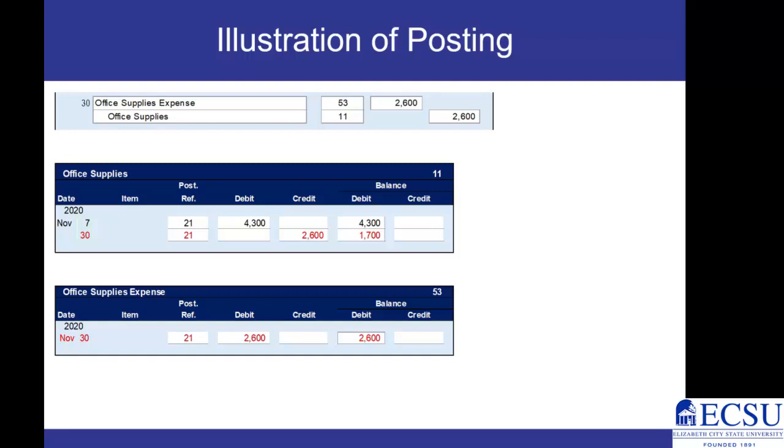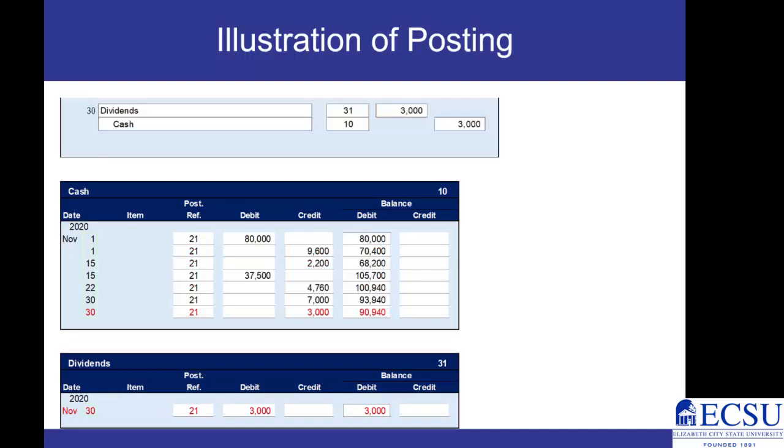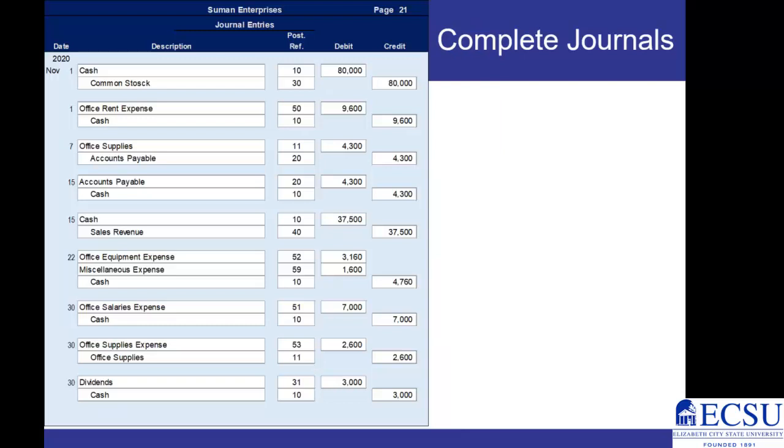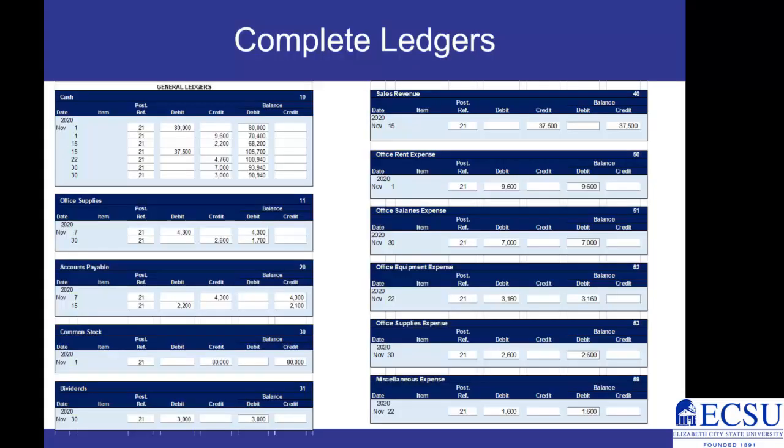So because of this, my office supplies balance goes down, but my office supply expense goes up. Now the next one is I have a dividend payment of 3,000, and therefore my final balance is 90,940, and dividends is 3,000.